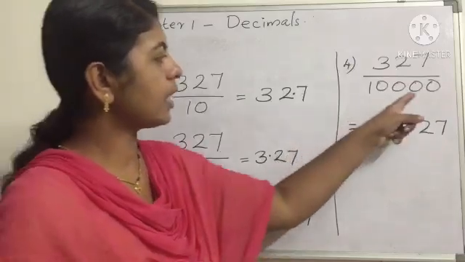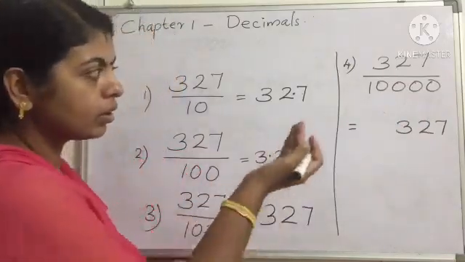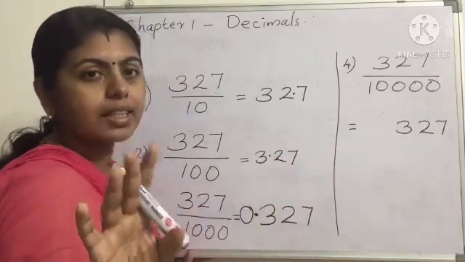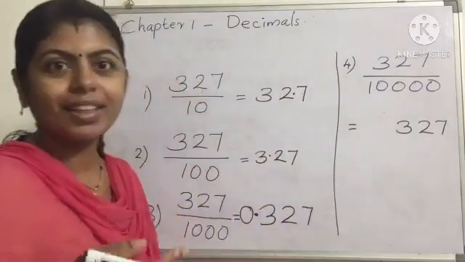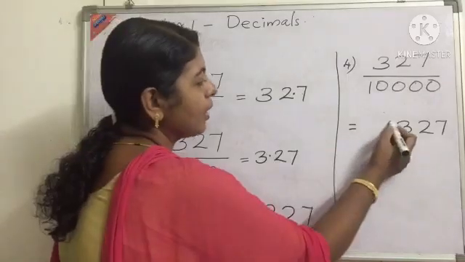Here how many zeros are there? 4 zeros are there. Then we want to move from right to left for 4 digits. Isn't it? Then 1, 2, 3. After 3 there is no digit. Then what will we do? Here we can write 1 zero.